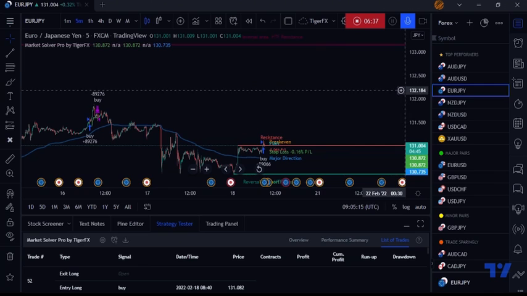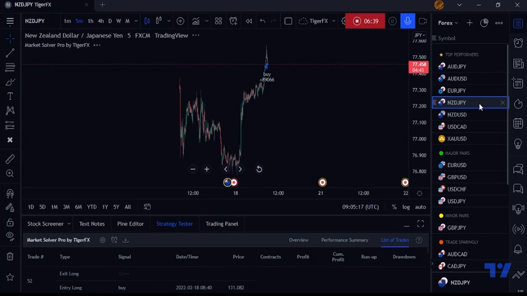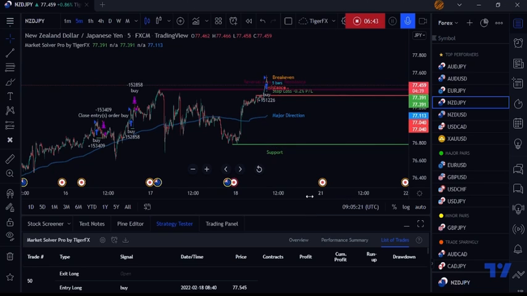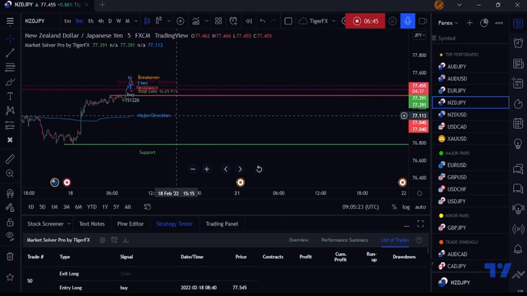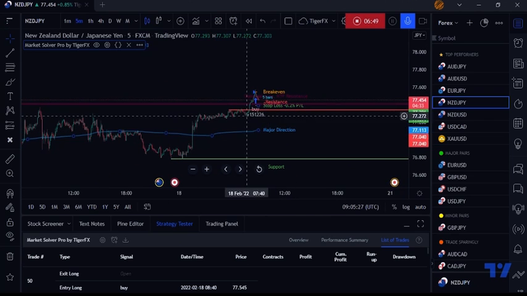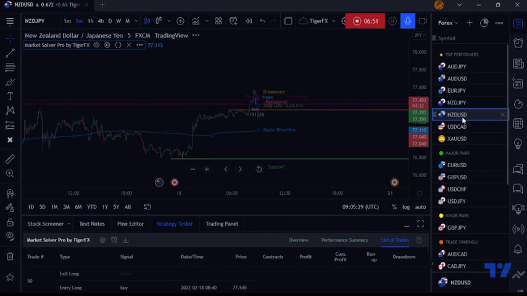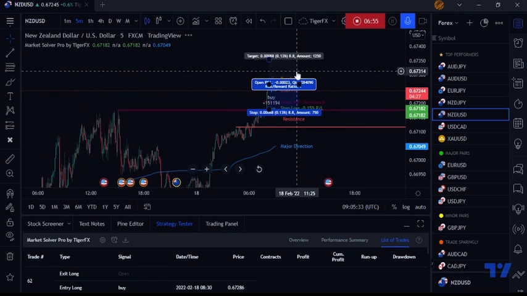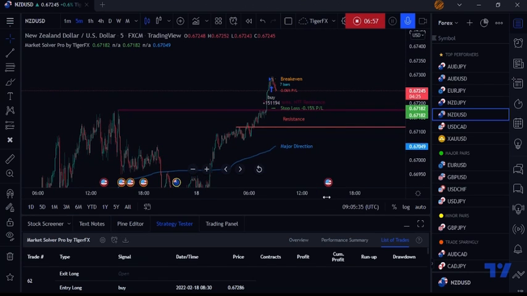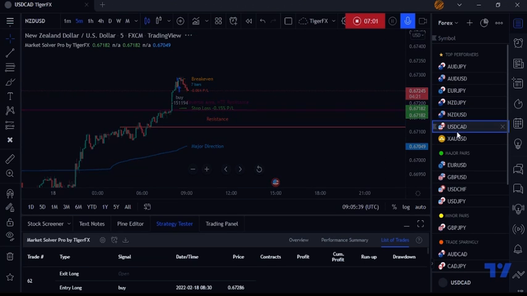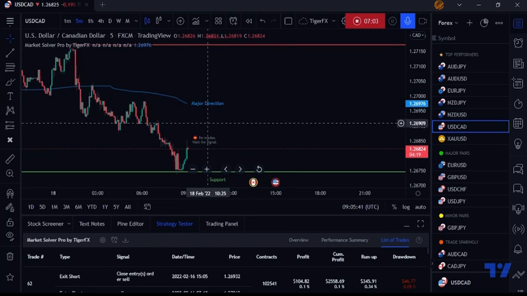Kiwi Yen, yeah, we have a move also similar to Aussie Yen. Not a move that I particularly like, but yeah, it shows some energy to the upside. Same with Kiwi dollar. Seeing some moves on the markets right now. Take a look at dollar CAD.